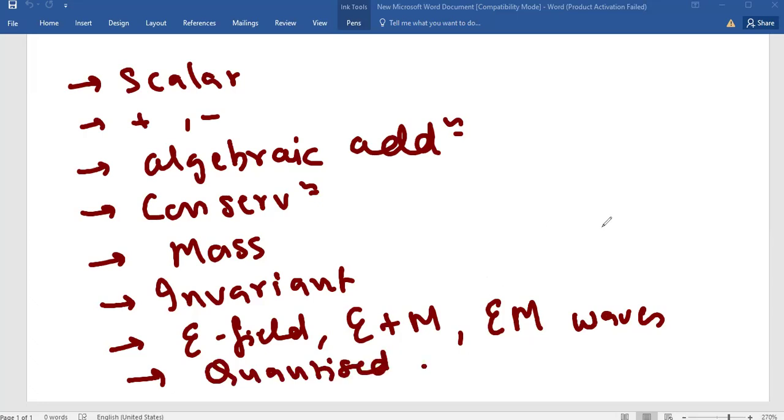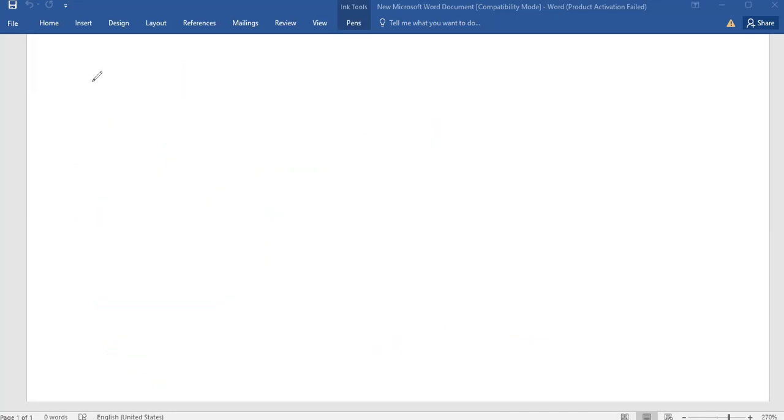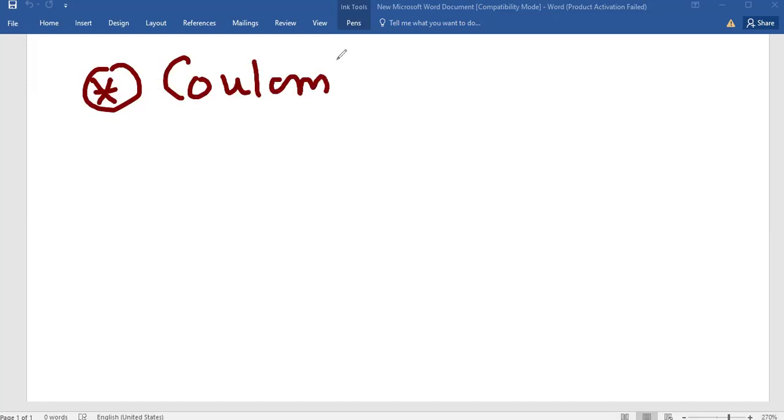So we have seen properties of charge, method of charging, and what we mean by charge. Now, what will happen if one charge comes near to another charge? There will be a force of attraction or force of repulsion, and that is called Coulomb's law. This we have already done earlier also.